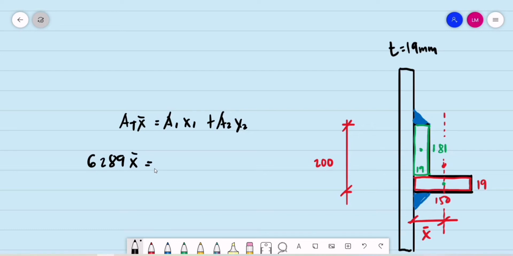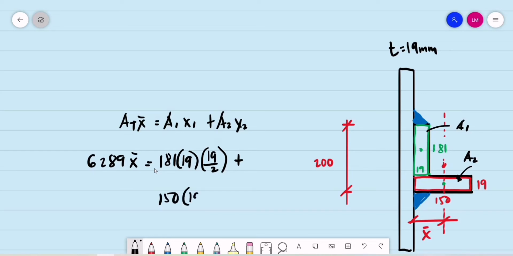So let's say this green rectangle will be our area 1. That is 181 multiplied by 19. Its centroid from the main plate is 19 millimeters divided by 2. Then plus the other rectangle, let's say this is the red rectangle, will be our area 2. That is 150 millimeters multiplied by 19.